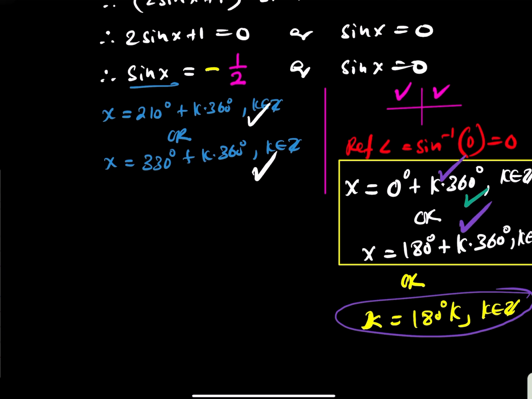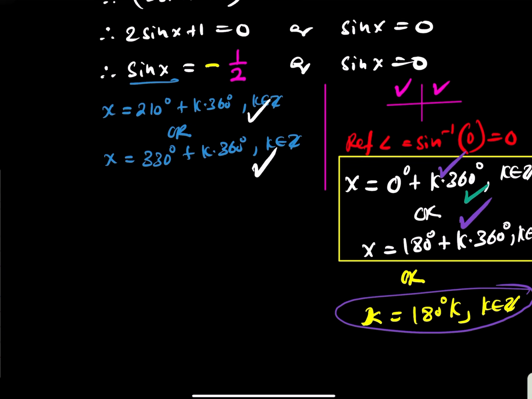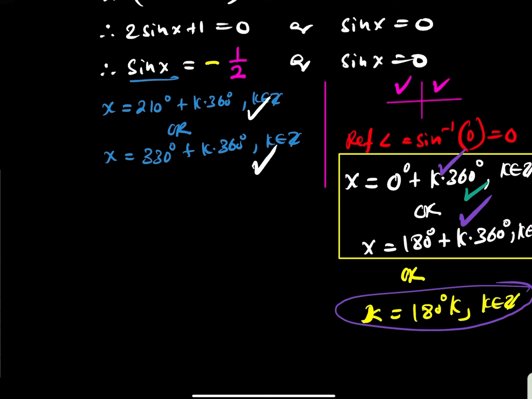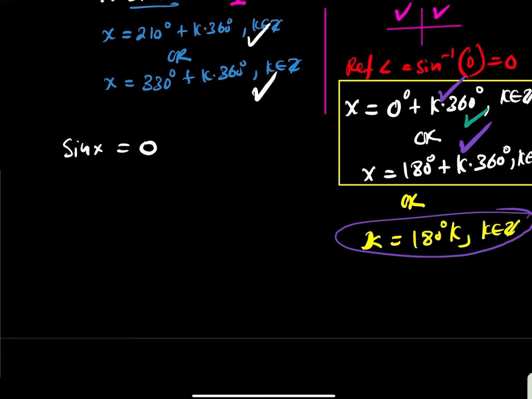Let me just clarify this thing of the period. If you have sine x equal to 0, we are asking where this graph of sine x equals 0. If you draw it nicely, it's going to behave like that.